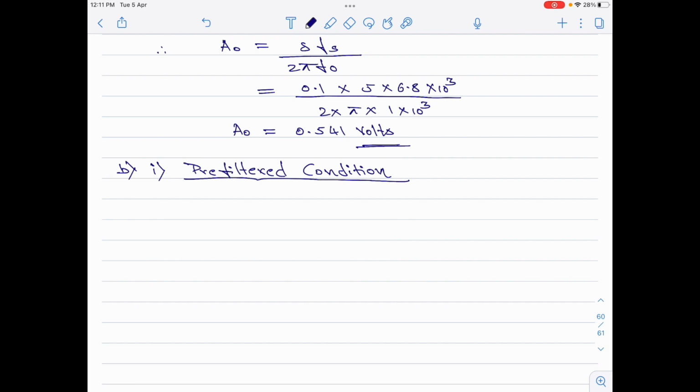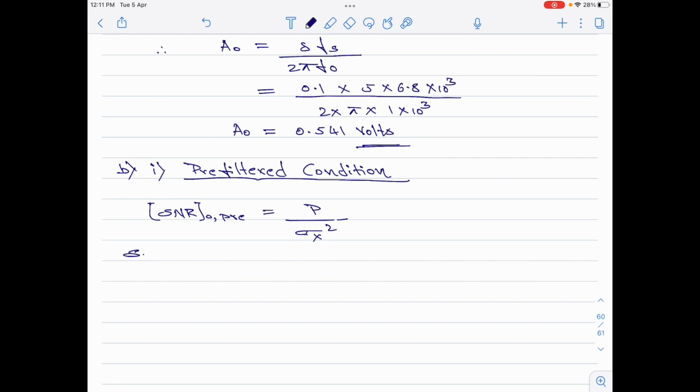I'll start with the equation for the signal to quantization noise ratio at the output, and it is given by: SNR output for pre-filtered condition is given by the signal power divided by the variance of the quantization noise, which is represented as sigma x square.